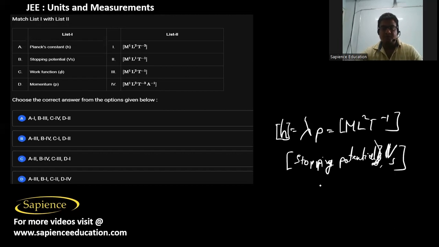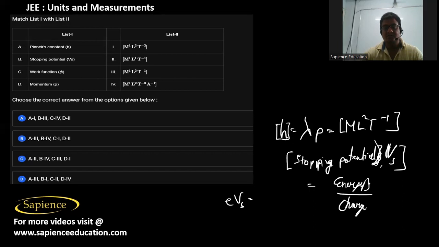Stopping potential, Vs. As you know, eVs equals the energy, so Vs is equal to energy divided by charge. That will be equal to energy divided by current into time.